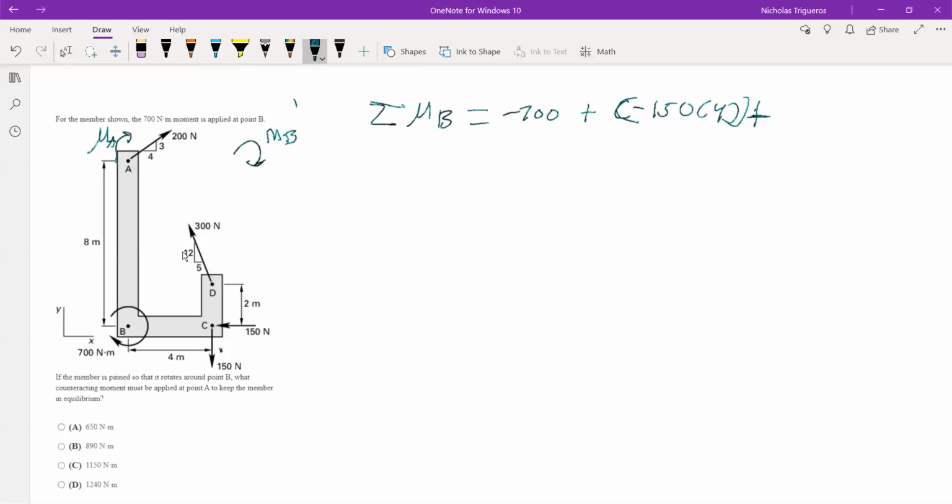It looks like we're going to have, the x component of this is going to oppose B, and the y component is also going to oppose B. So we're going to have to get these components of this 300 Newton force to find out how it is affecting.